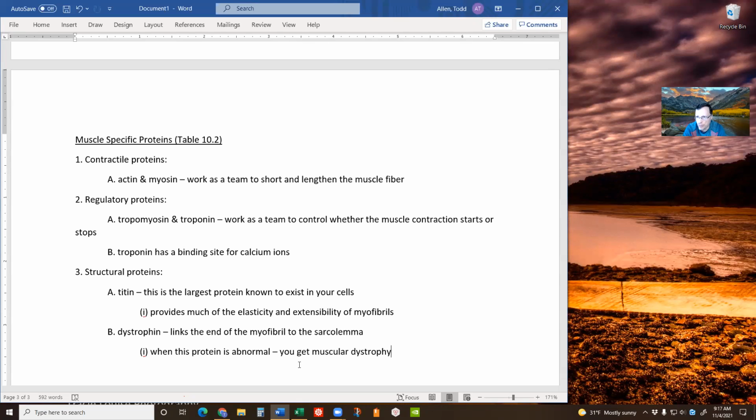So fixing one person's muscular dystrophy does not necessarily mean you could fix a different person's, because you could have abnormalities caused by 50 different things. It's a really, really complicated disease. Okay. All right.